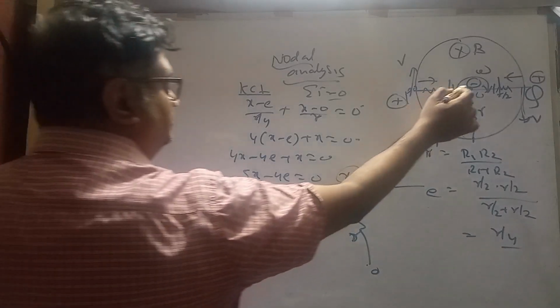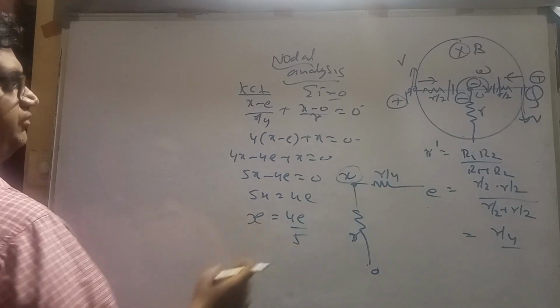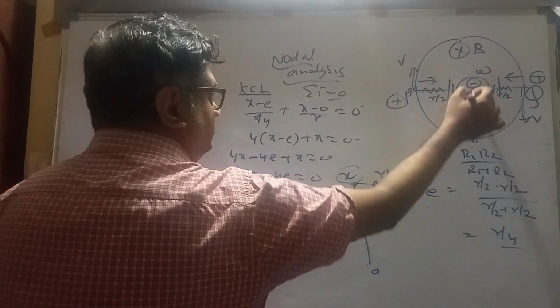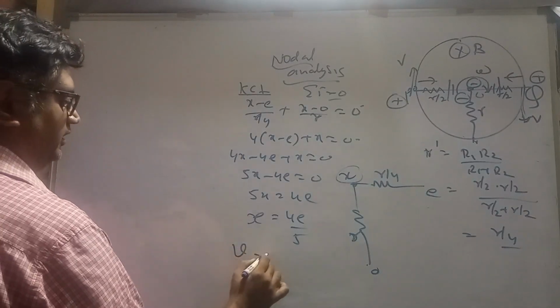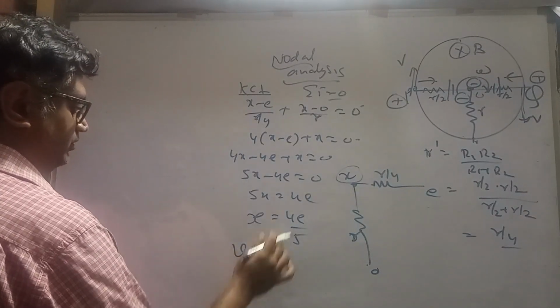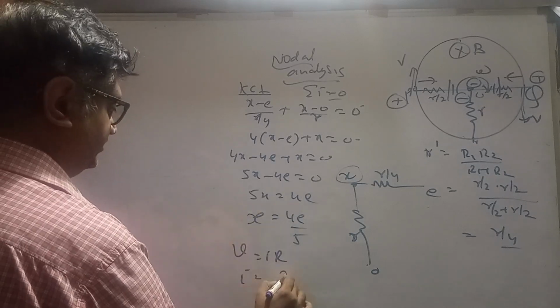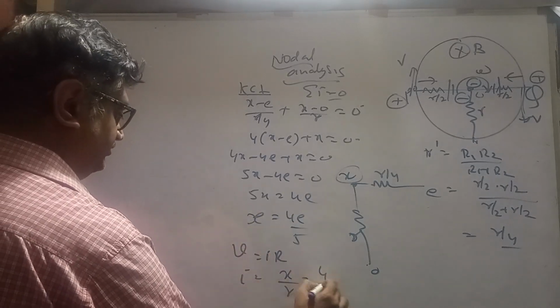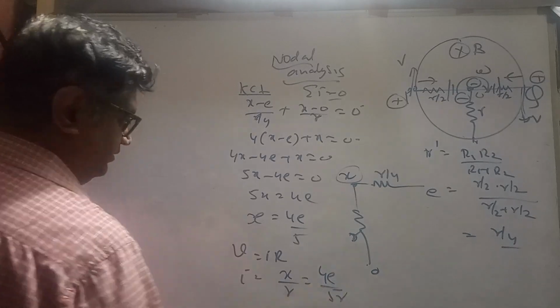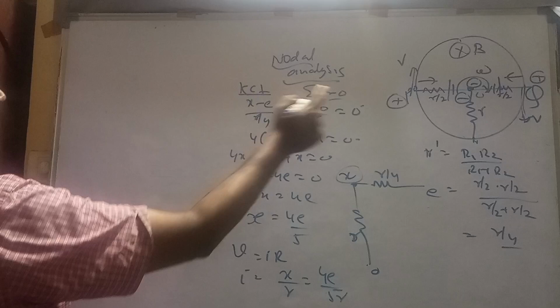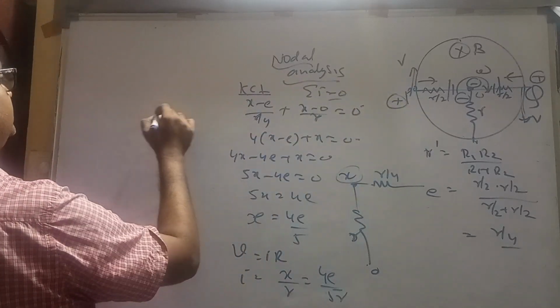So the potential at this point is x. So if you want to find out what is the current in that, we can take this particular portion. So V is equal to IR, so I will be equal to V/R, which is x/R, which is 4E/5R. So what is the value of E? So this case is actually similar to this case.